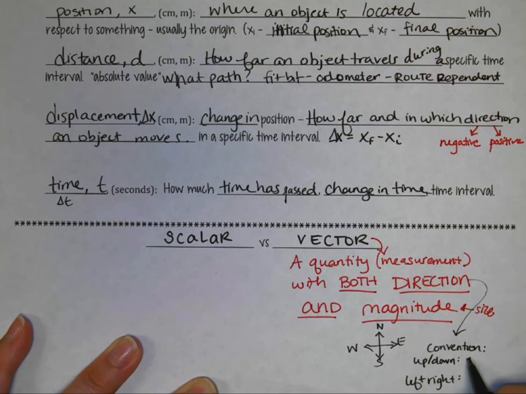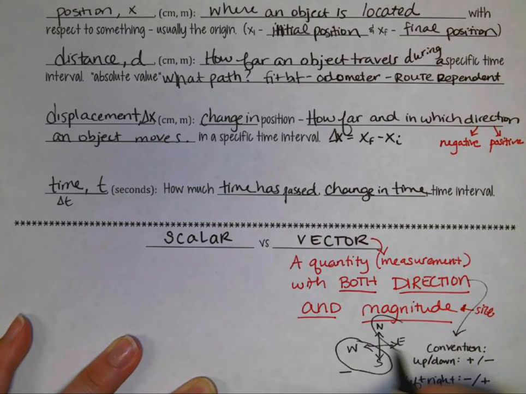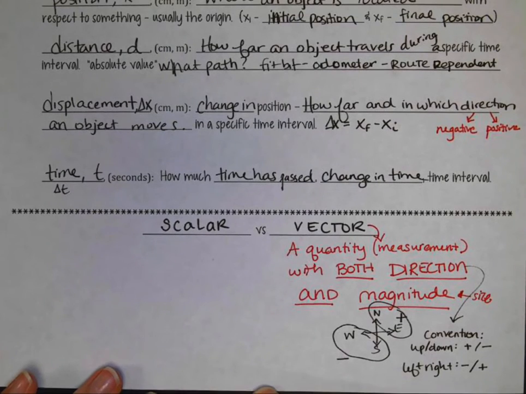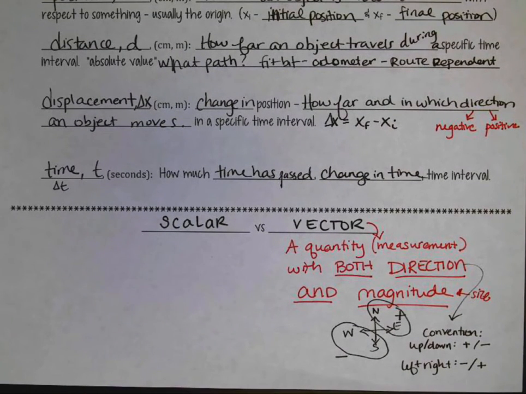Up's going to be positive, down's going to be negative. Left is going to be negative, right is going to be positive. West and south will be negative, north and east will be positive. So those are directions that we would include. So anytime you have a value that has a negative or a positive sign, that's giving you something about the direction that it's moving in.